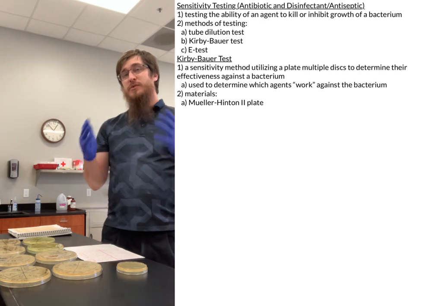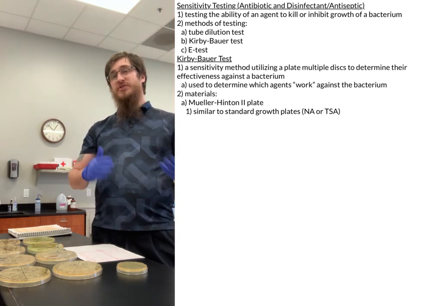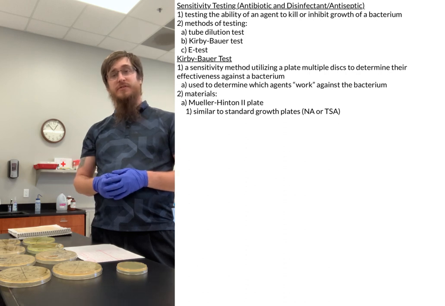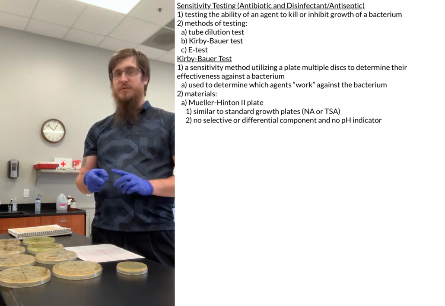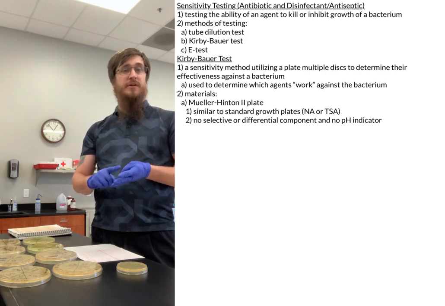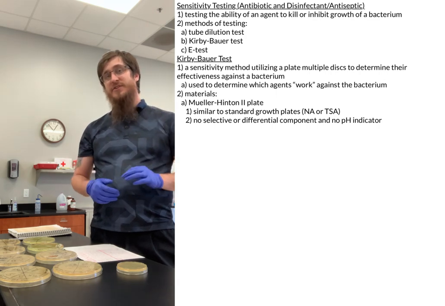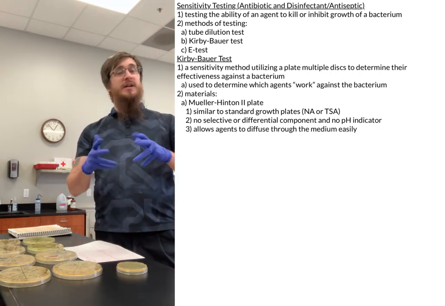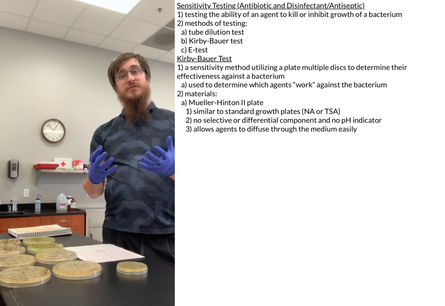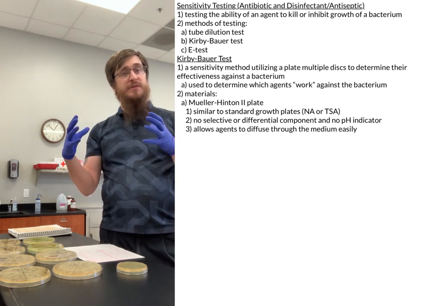Now, when it comes to the Mueller-Hinton 2 agar, this is basically very similar to our standard growth medium that we've been using. So it doesn't have any selective components, there's no differential components, and there's no pH indicator in it. None of that stuff is in there, it's just there to grow our microbes. But the way that it is different is that it actually allows these different types of agents to basically fuse into the media and disperse throughout it.